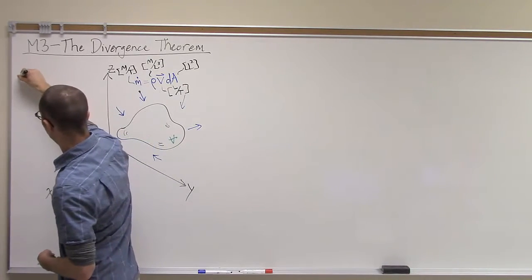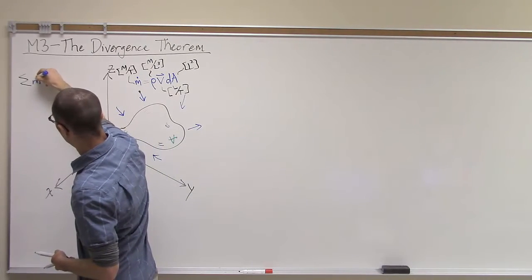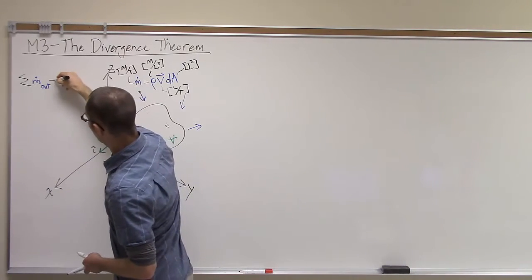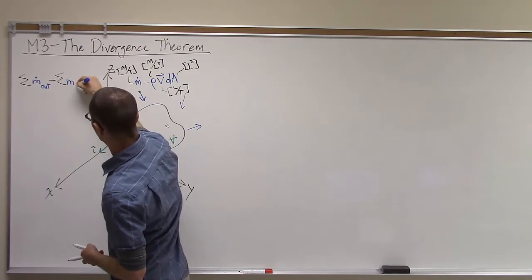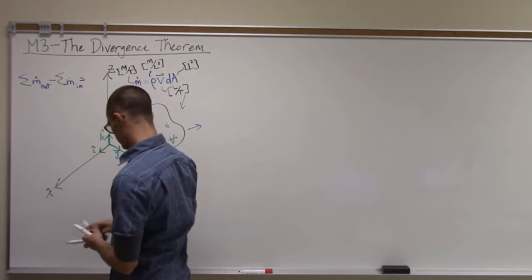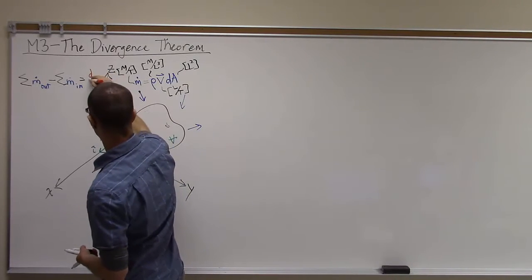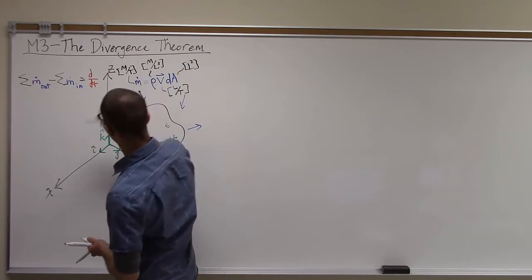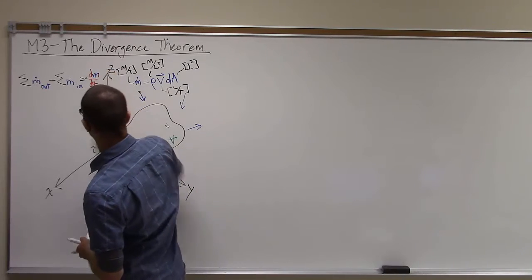We'll have the sum of the flux rates going out of the volume minus the sum of the flux rates coming into the volume, and that's equal to the time rate of change, the negative sign in front, of the substance in the volume.